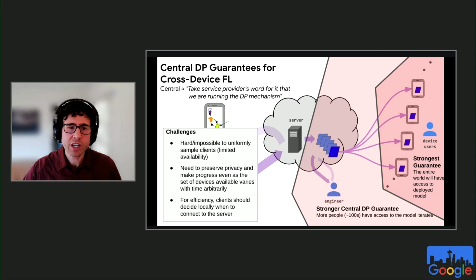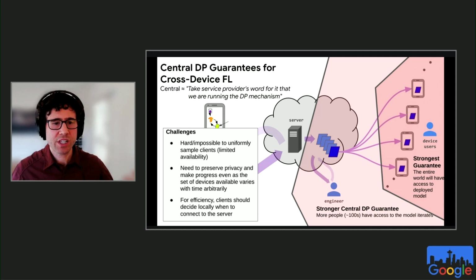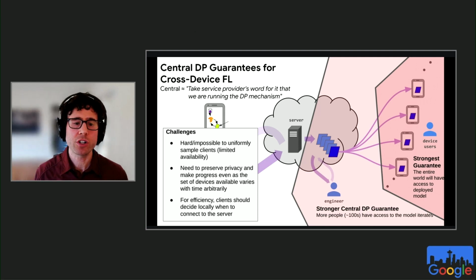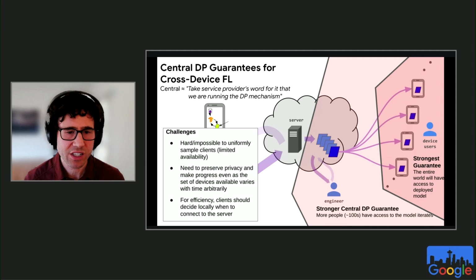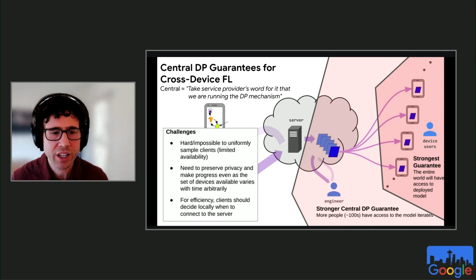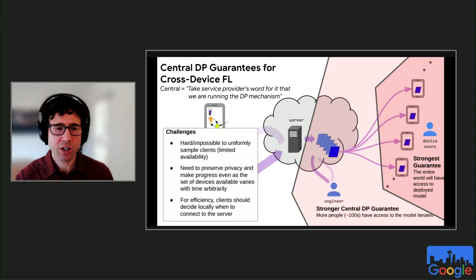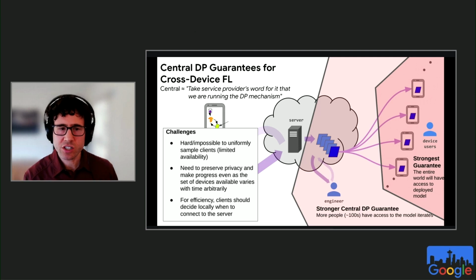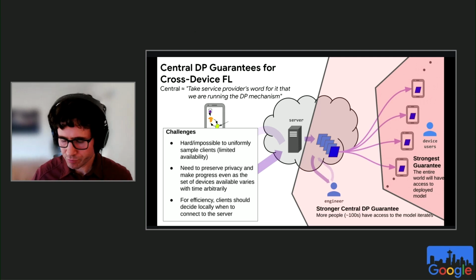But for federated learning, even providing a central DP guarantee is very, very hard. We can't, in general, uniformly sample clients to apply amplification via sampling approaches. We need to make sure we preserve privacy and still ideally make forward training progress, even as the set of devices varies with time arbitrarily. We need a protocol where clients are making local decisions to be efficient and so on.